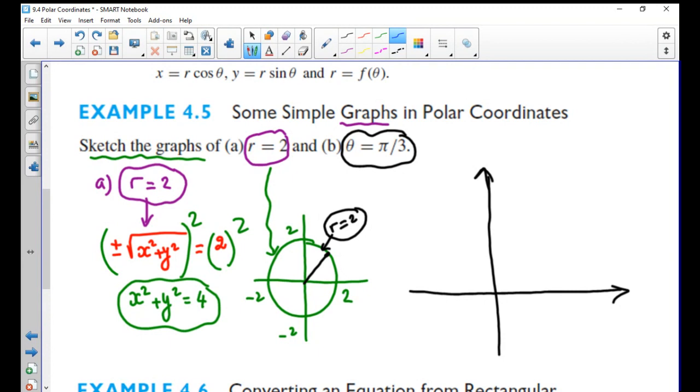Plus or minus? Yes. Not exactly. What shape do you think this is? Think of some points which will have a theta, the coordinate theta equal to pi over 3. What pi over 3 is how many degrees, by the way?